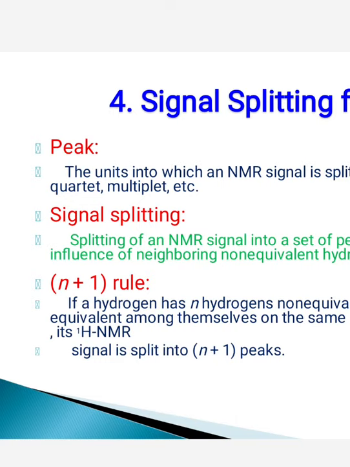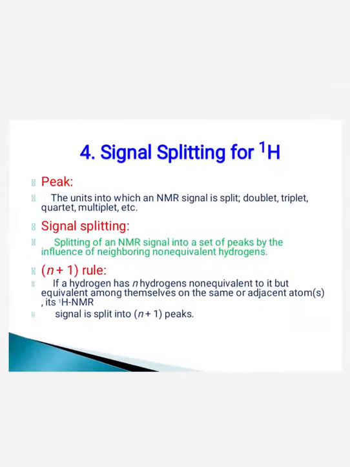There are two rules to calculate the multiplicity for a signal for that set of protons. The first rule is the n plus 1 rule and the second rule is (Na plus 1) into (Nc plus 1). The n plus 1 rule is applicable when the n neighboring non-equivalent hydrogens are equivalent among themselves on the same or adjacent carbon atom.